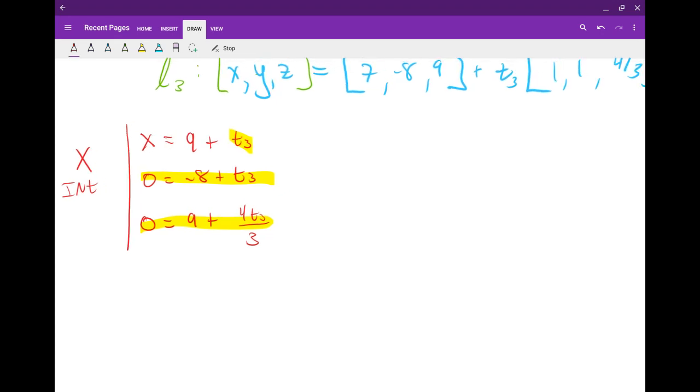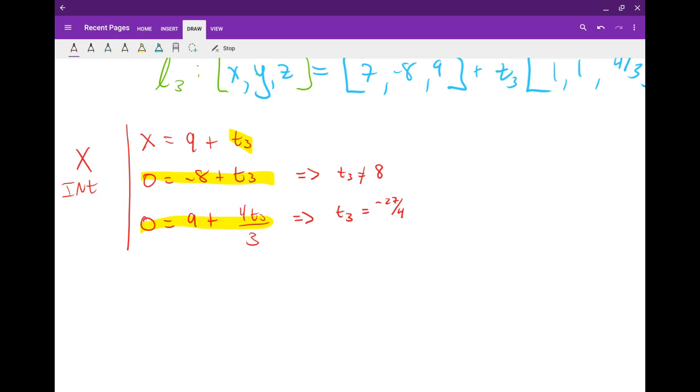So basically what you want to do is solve for t3 here and here. And this is what I was trying to do before. t3 is going to be 8 in this scenario. Over here, t3 is going to be, well, let's see what I need to do here. I subtract 9. I multiply by 3, so I'm getting a negative 27 over 4.